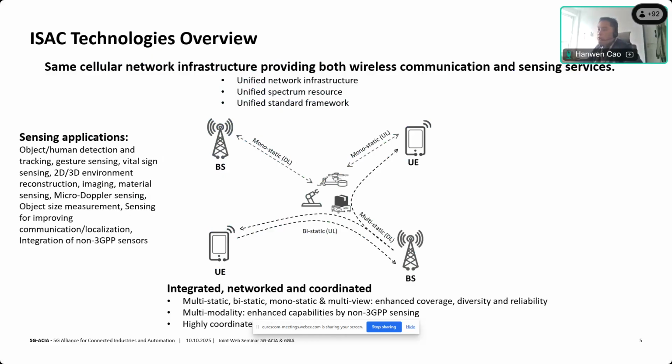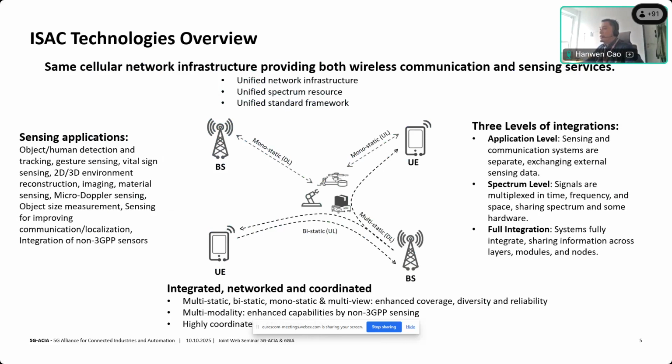So this has a huge potential that we can build up a sensing network which is integrated, leveraging the multi-static, bistatic, monostatic, and multi-view sensings, and also to introduce the integration of non-3GPP sensings, so some kind of multimodality integrations, and it's already highly coordinated and with high precision. Yeah. So we think that there could be 3 levels of integrations ranging from application level, spectrum level, and ultimately the full integration levels from the low layer up to the application level.